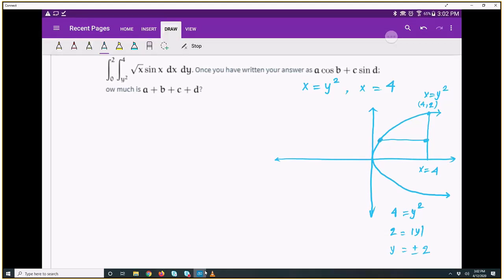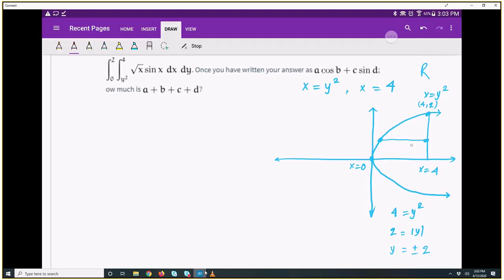It can vary from the point (0, 0) to the point (4, 2). And think about the span of the x-axis over this region. It starts at x equal to 0 and goes all the way to x equal to 4.